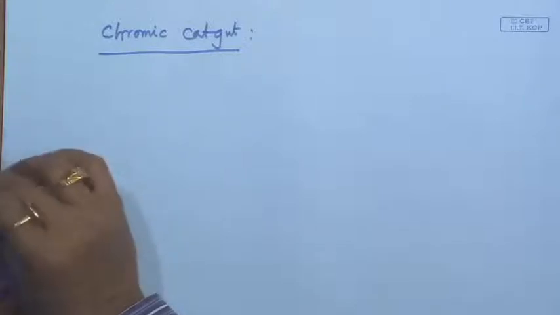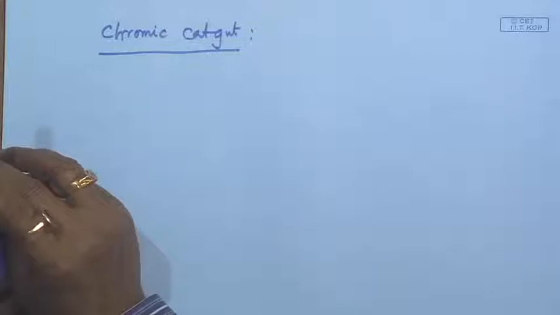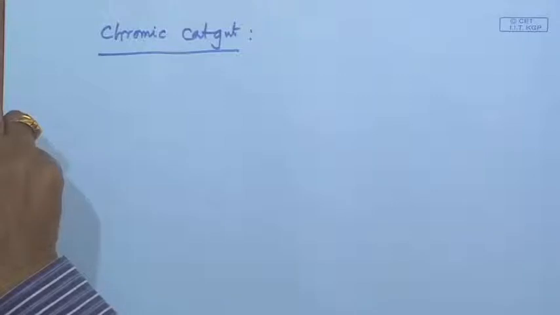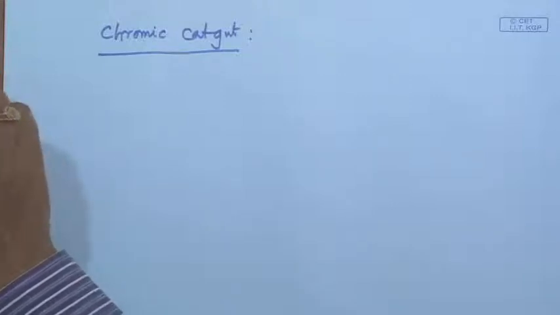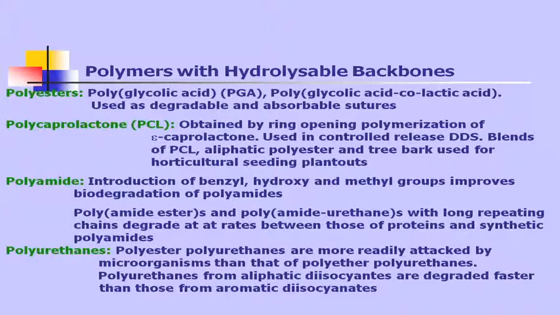Today bioabsorbable, biodegradable sutures have been developed from polyglycolic acid, the polyglycolic acid and polylactic acid copolymer, or polylactic acid, which slowly degrades within the body, and the degradation products get absorbed without any hazards or toxic effects on the living system.